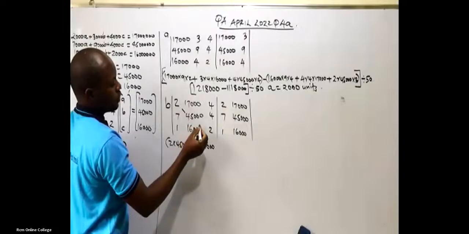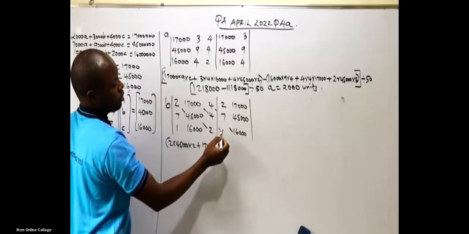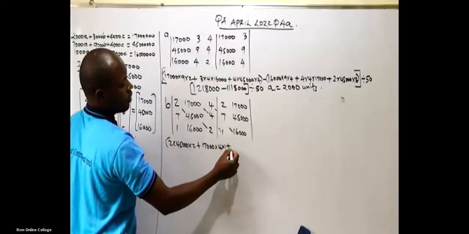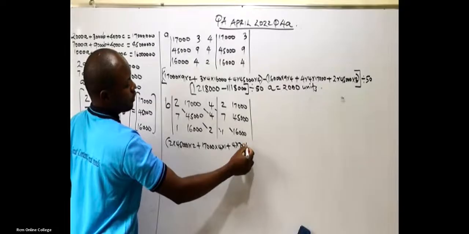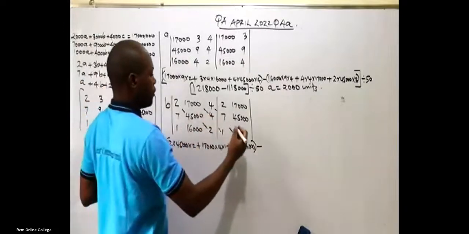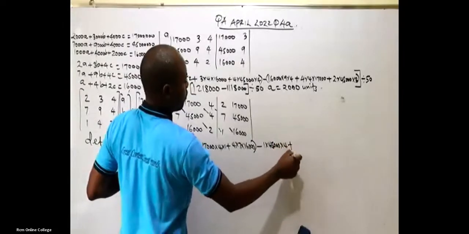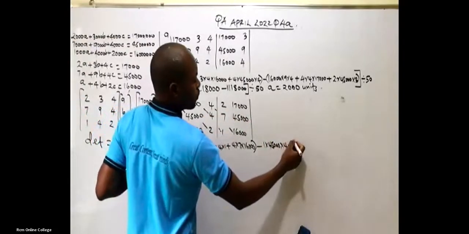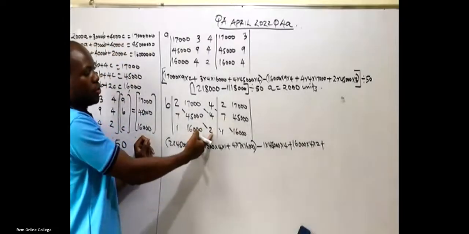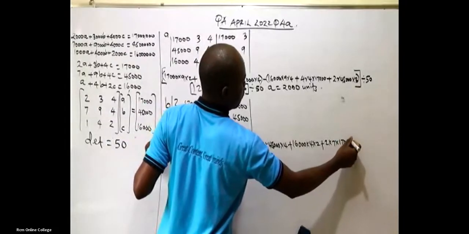So we have 17,000 times 4 times 1 plus 4 times 7 times 16,000. That will give us the first part, minus 1 times 45,000 times 4, plus 16,000 times 4 times 2, plus the last one, 2 times 7 times 17,000.